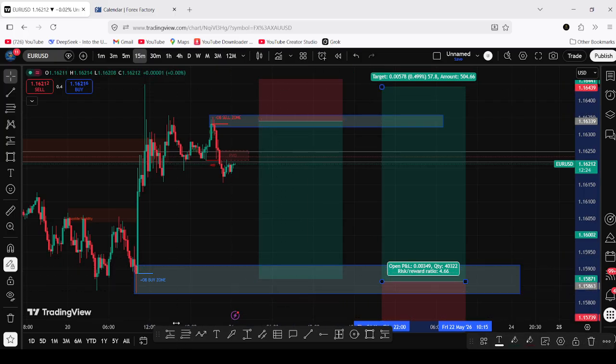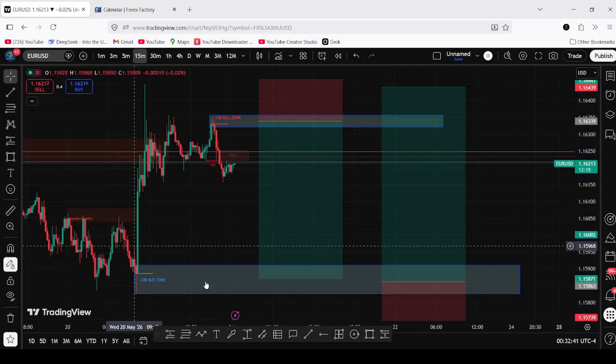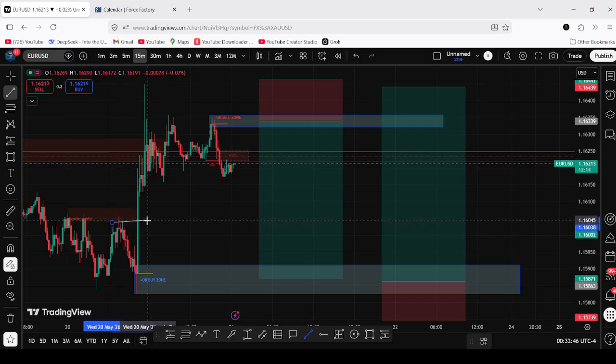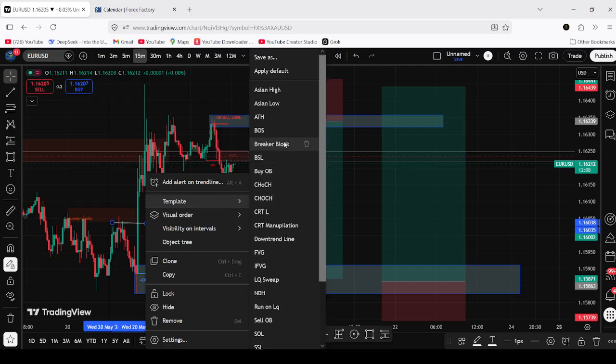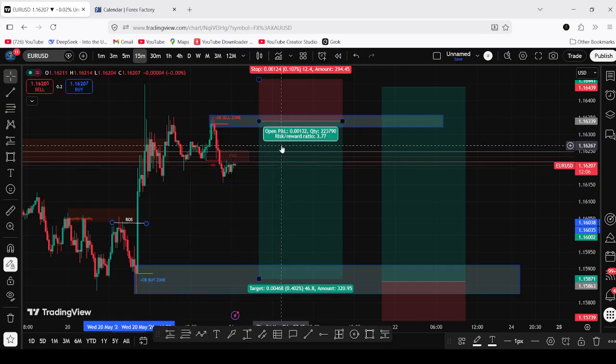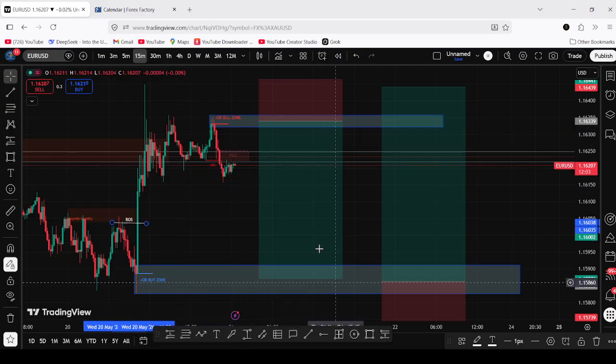So then in terms of why did we use this order block? Because at this point we had a break of market structure. This point we have break of market structure. At that point we have the BOS. So that's why we have that buy position there.